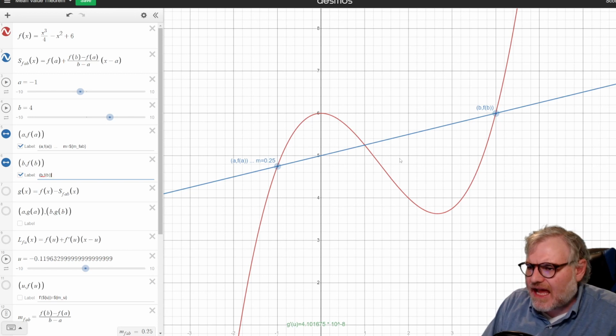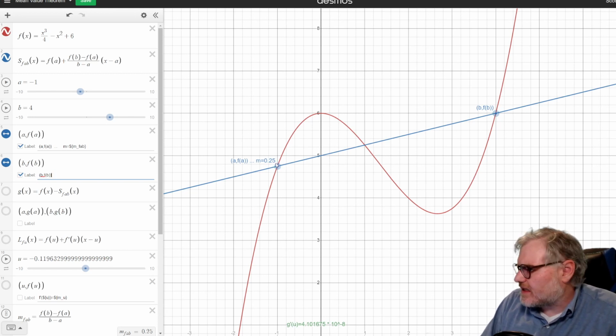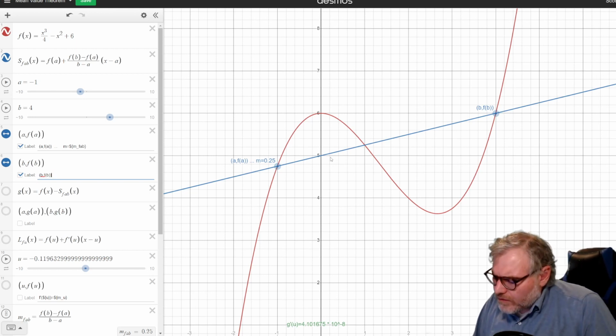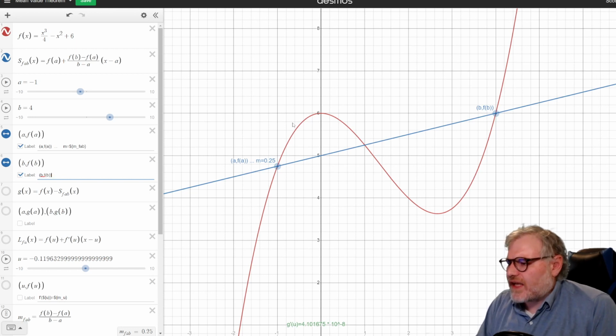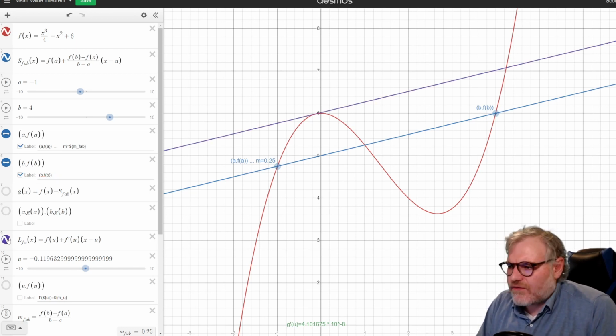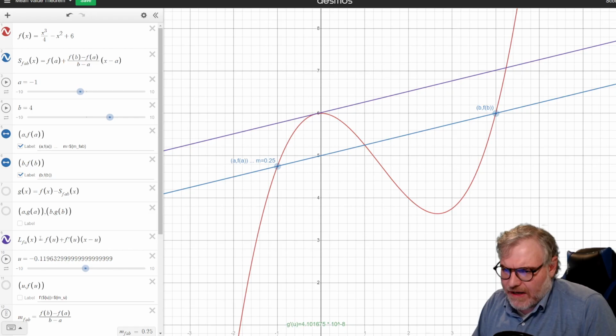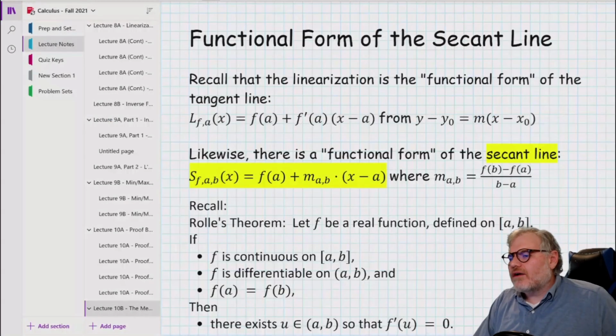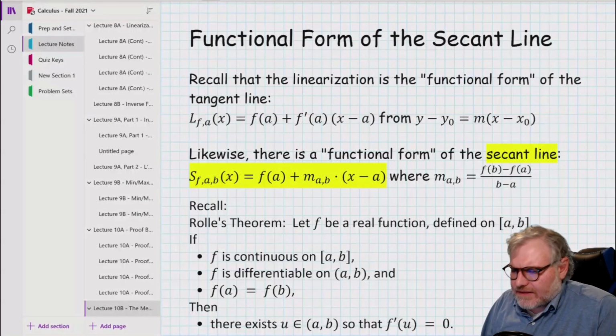The red thing is f. This is the line connecting A to B on the graph. So that's the functional form of the secant line, and compare that to the functional form of the tangent line, which is right here. Okay, so that's what that definition says.